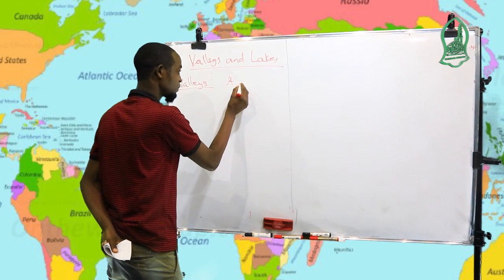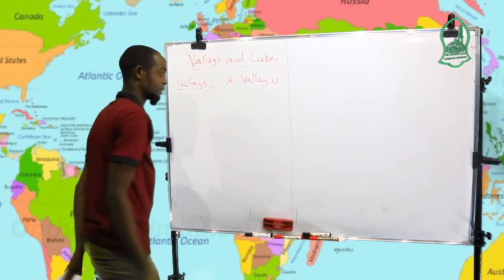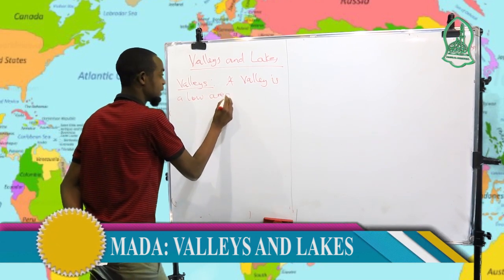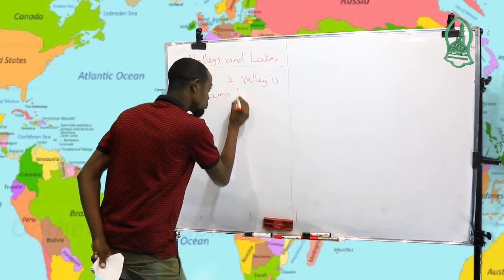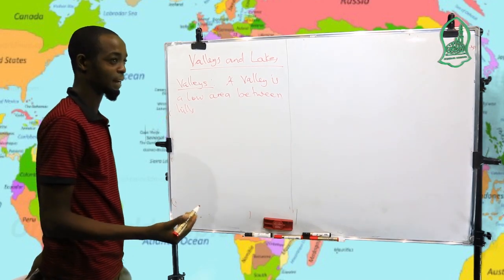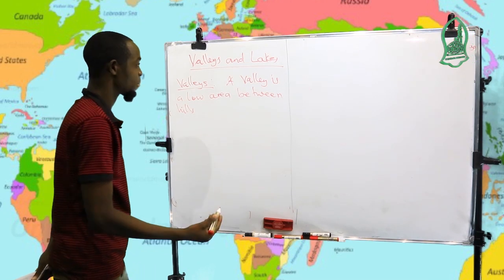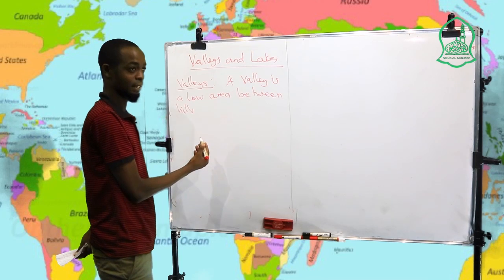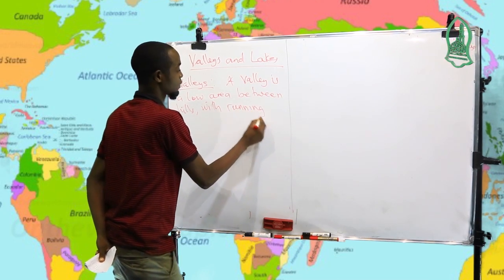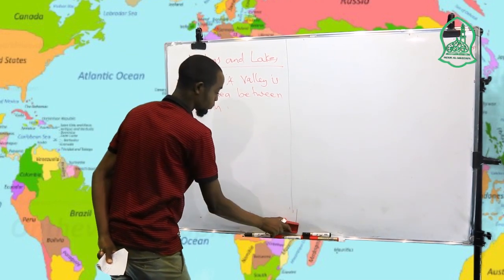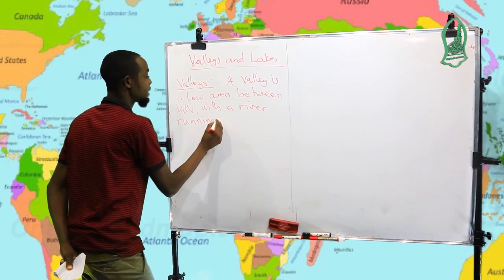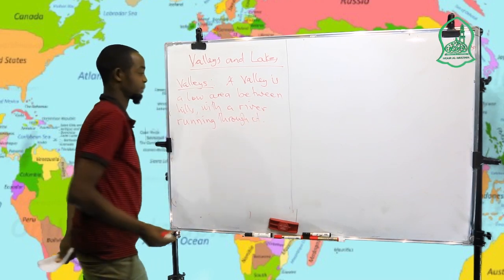So a valley is a low area between hills, usually with a river running through it. This is a valley.